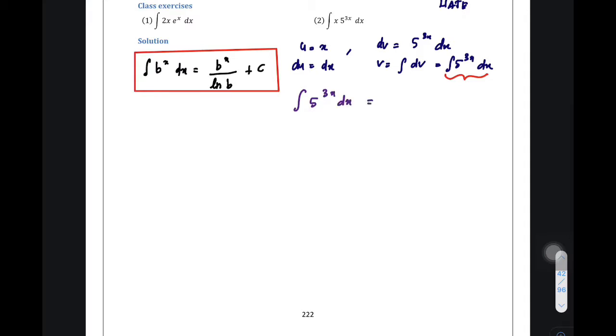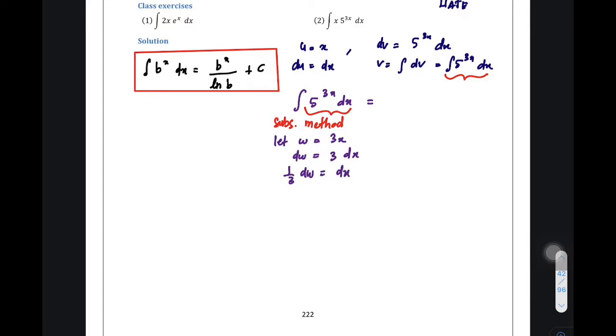In this case, you have to apply the substitution method. Normally for substitution we use u, but it is not suitable here because we already used u for integration by parts, so we choose another letter. Let w equal 3x, then dw equals 3 dx, so 1 over 3 dw is equivalent to dx.